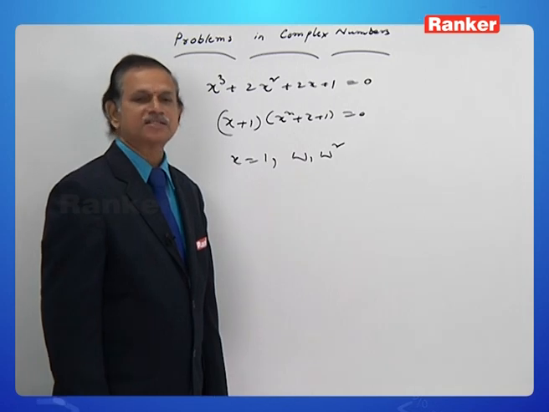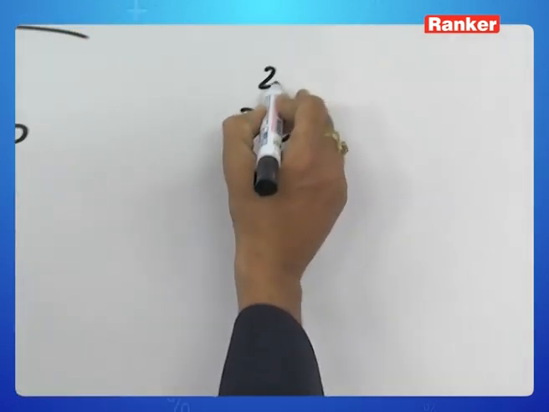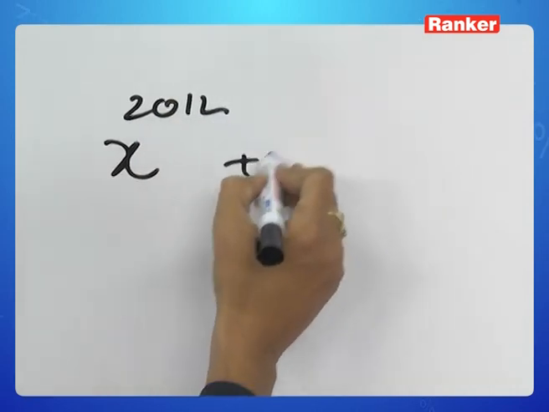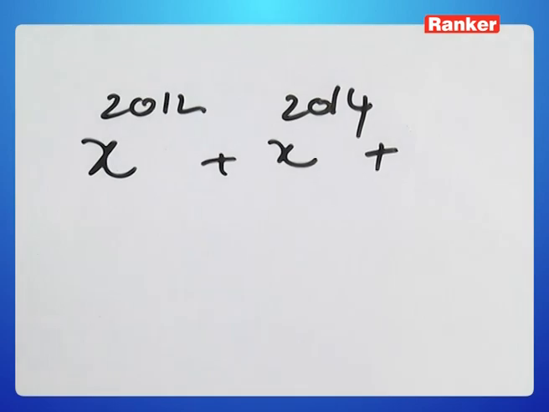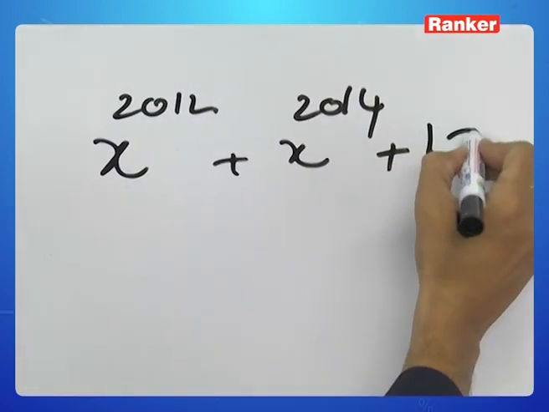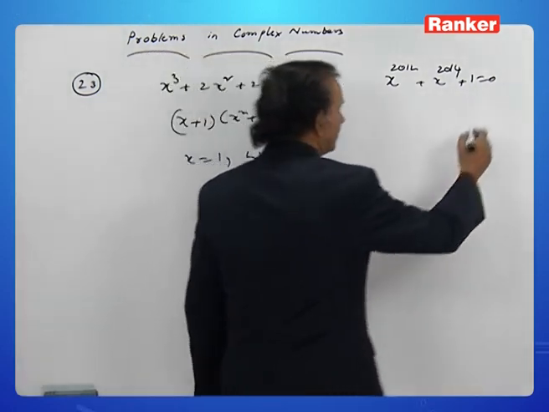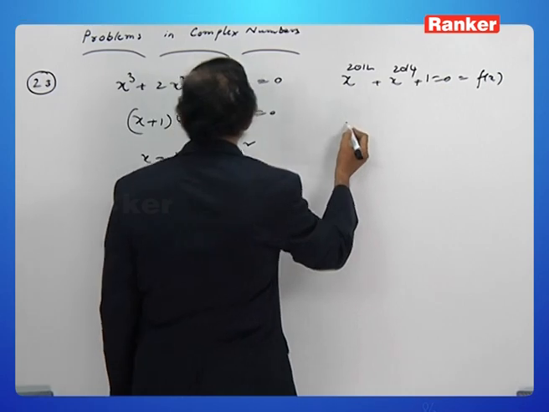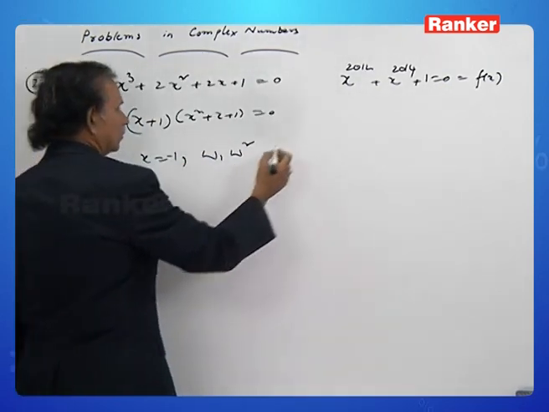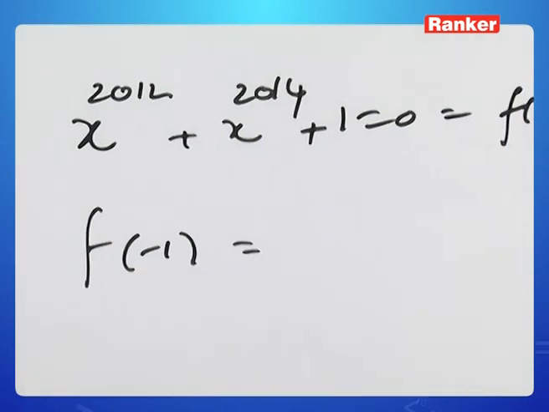Well, what is the second equation? x power 2012 plus x power 2014 plus 1 is equal to 0. Let us test it. Let me name this sum f of x. You first substitute x is equal to minus 1. f of minus 1: can it be 0?